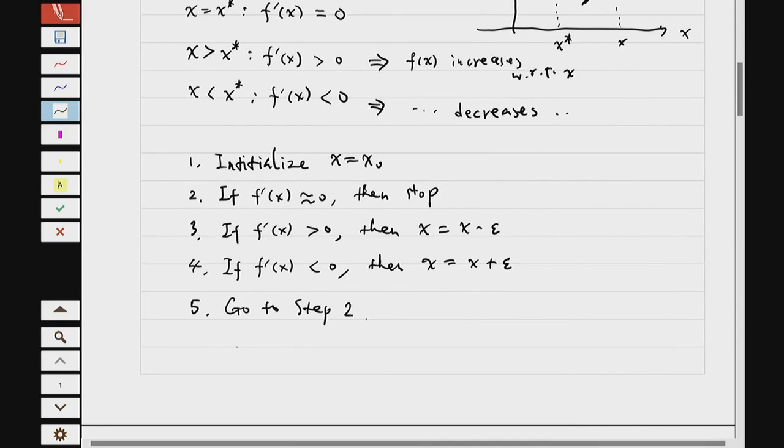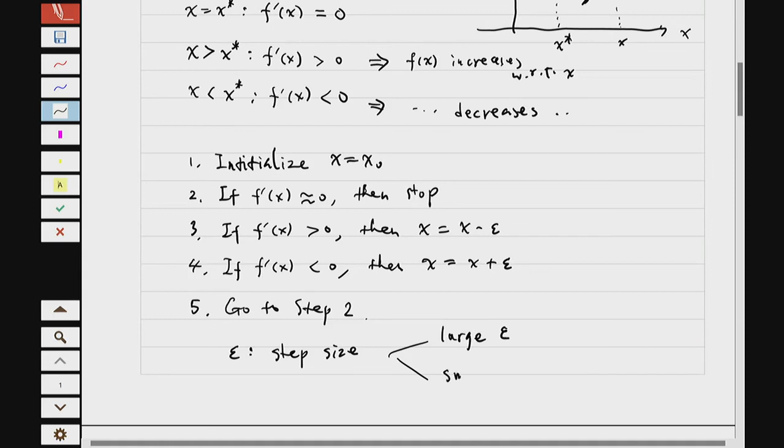And of course, you all know this epsilon is called the step size, just how long you go in one step, the size of the step. And of course, you have a choice of how big the step size is. What happens with a large step size, and what happens if you use a smaller step size?